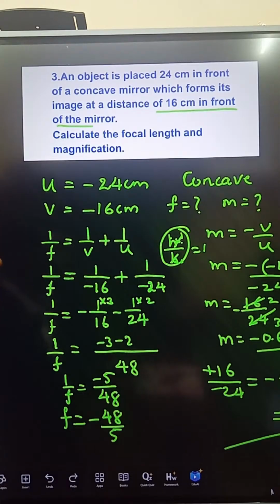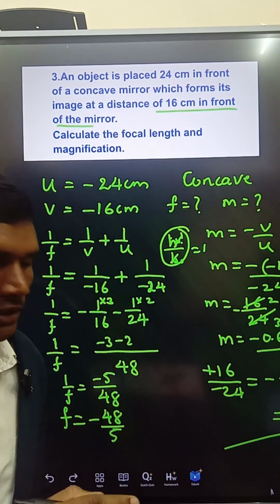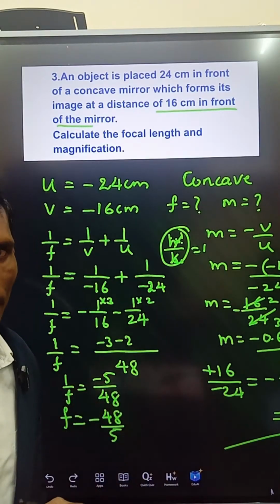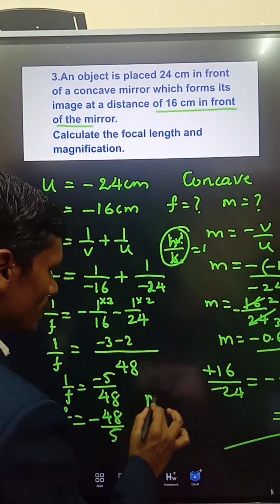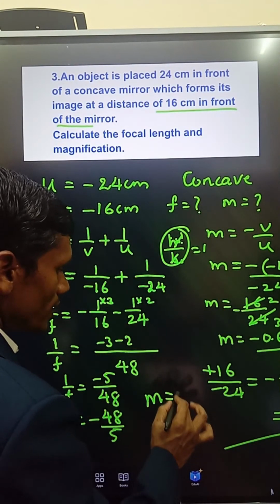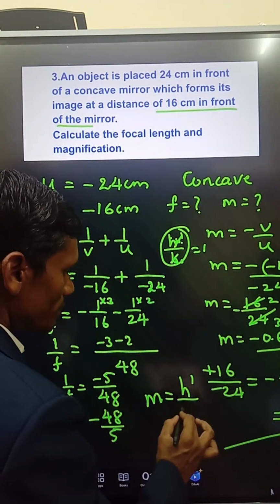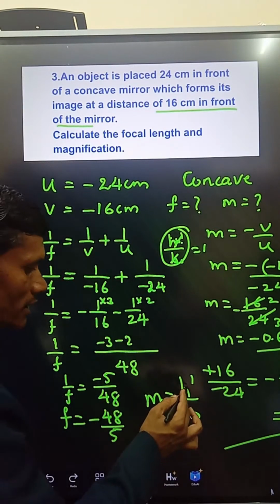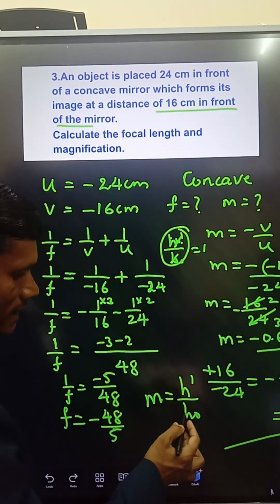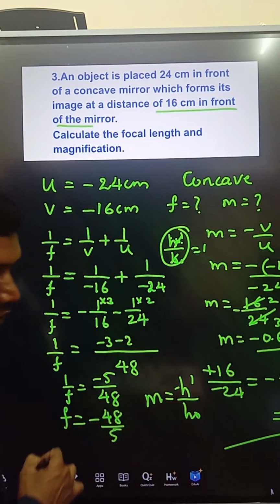And why is it taken, real, inverted, sorry, inverted and erect, if you want to say. Just remember this: magnification will be negative when you are taking image height and object height. If you are measuring the image height below the principal axis, only one value will be negative.